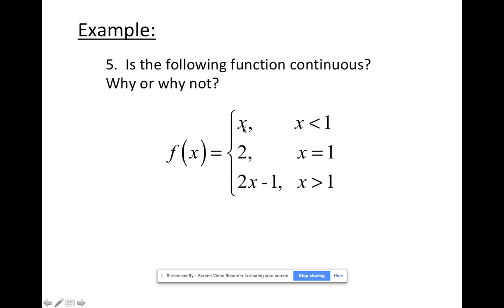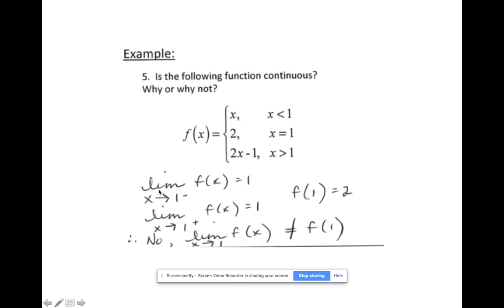Well, if you take a look at the limit as x approaches 1 from the left, so for x, in fact, I think what I'll do is just go to the next page so you can see it. If I look at the limit as x approaches 1 from the left of f of x, I realize that it's a plain old 1. And then if I jump down and take a look at what it is as x approaches 1 from the right-hand side, once again, the limit will be a 1.